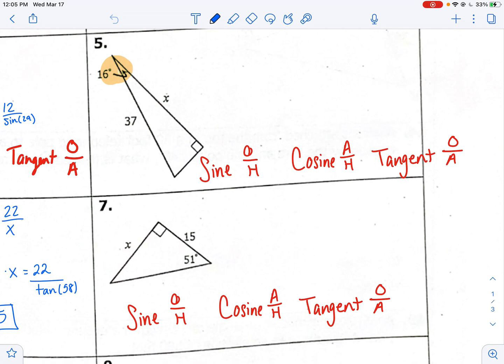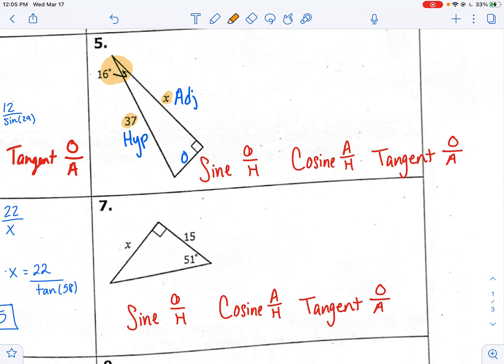So everything we're going to do is with respect to that given angle measure. I have 16 degrees. I'm going to identify my opposite side, which I do not have, my hypotenuse across from the right angle, and the adjacent side there. So I have the adjacent side of x and the hypotenuse of 37.